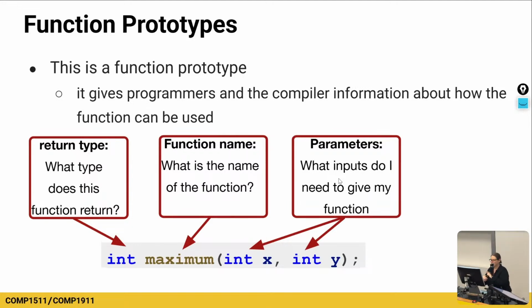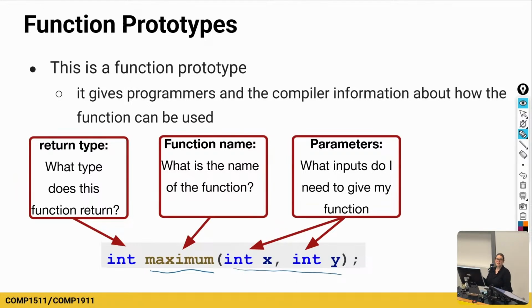So here we've got a function prototype. Notice, well, you might not notice, but I haven't got the whole code. I haven't got all the if statements and all the logic implementing this function. This is just what we call a prototype. It's got the name of the function. So this function is called maximum. Then I've got the parameters.